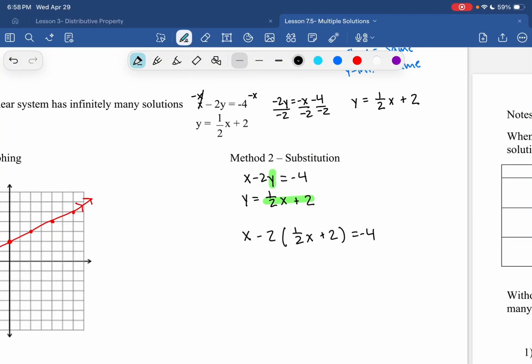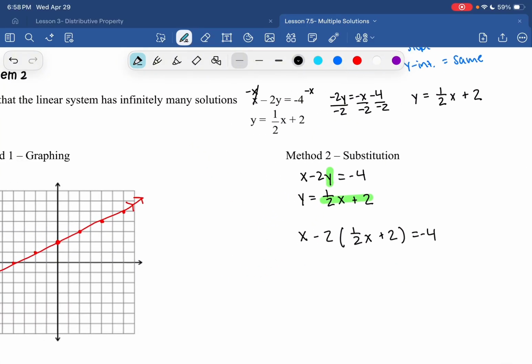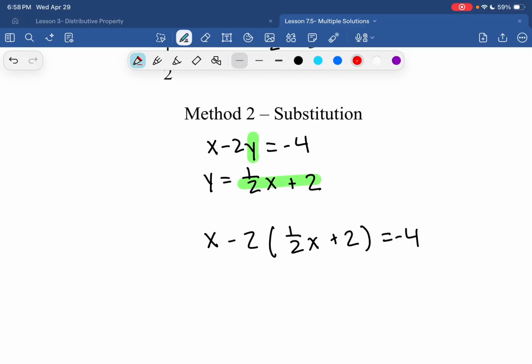Okay, so now let's solve. First things first, I have to distribute, right? Because I have to get rid of those parentheses. So I'm going to multiply -2 by all things inside the parentheses, all the terms. So x stays the same.